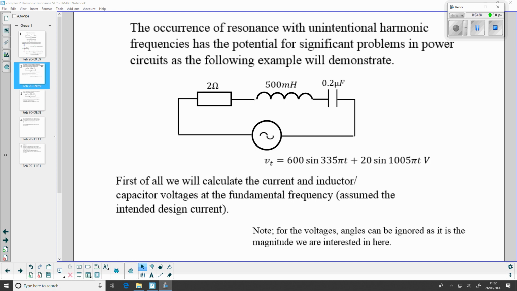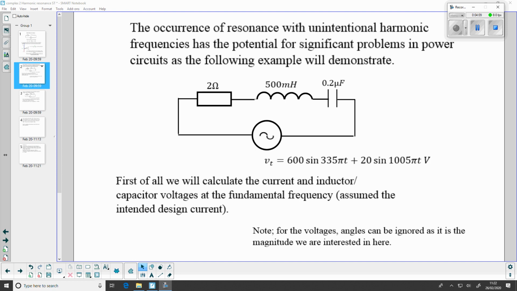If the output of inverters isn't filtered carefully, they can have the effect of causing unwanted harmonics on the supply, which is an issue. I'm going to show you why you don't want that. Resonance with unintentional harmonic frequencies has the potential for significant problems in power circuits, as the following example will demonstrate.